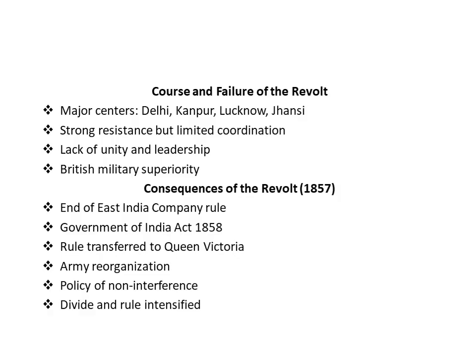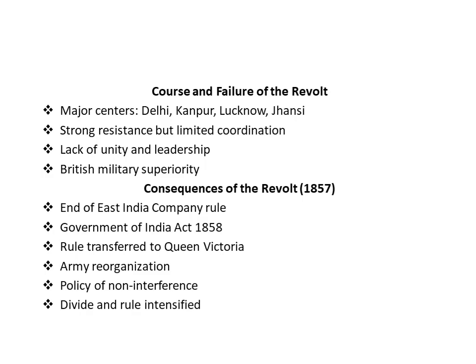The revolt of 1857 was a turning point in Indian history. After the revolt, the British government ended the rule of the English East India Company. Through the Government of India Act 1858, control was transferred directly to Queen Victoria.